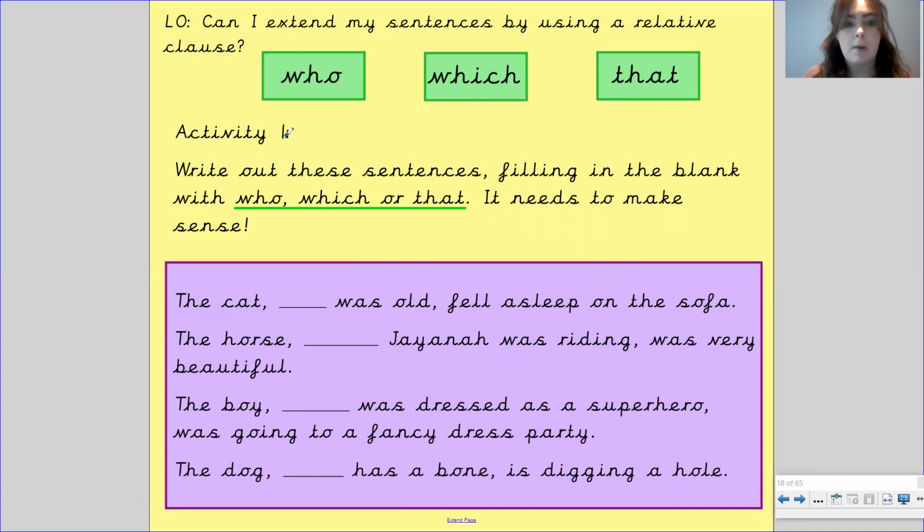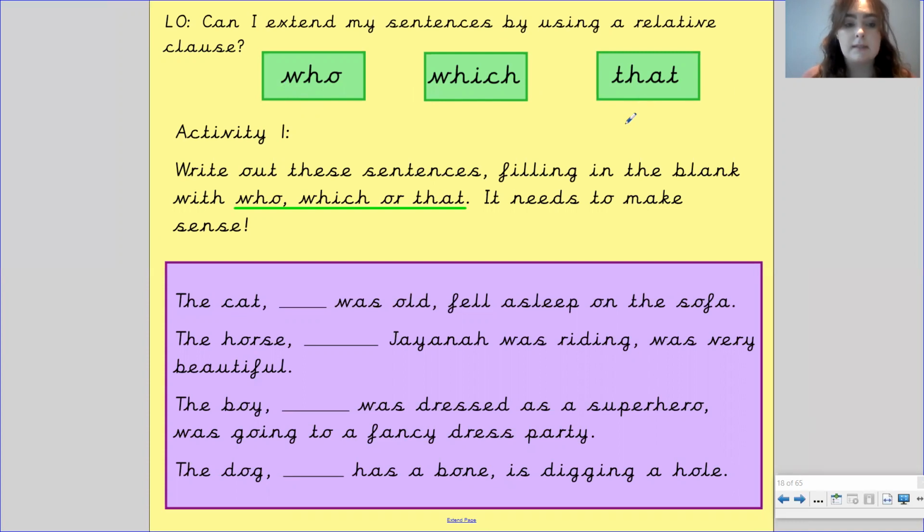The boy, comma, who, which, or that, was dressed as a superhero, comma, was going to a fancy dress party. The dog, comma, then who, which, or that, has a bone, comma, is digging a hole. So you need to make sure that you are putting in the correct conjunction. Okay, either who, which, or that, and it needs to make sense.